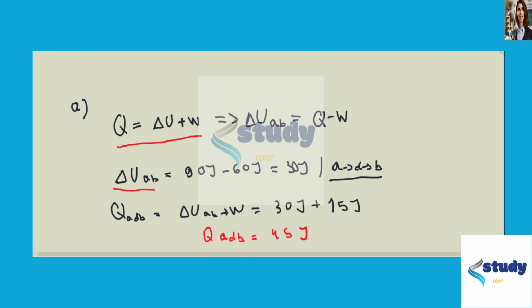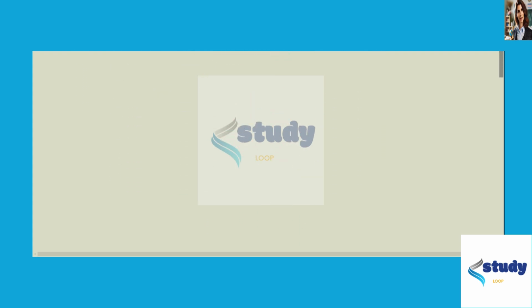Now we have two other parts. We have the part B and the part C. So for the part B, we need to express that if we invert the end and the start point, the internal energy will not change in its magnitude, but in its sign. So the sign will change.